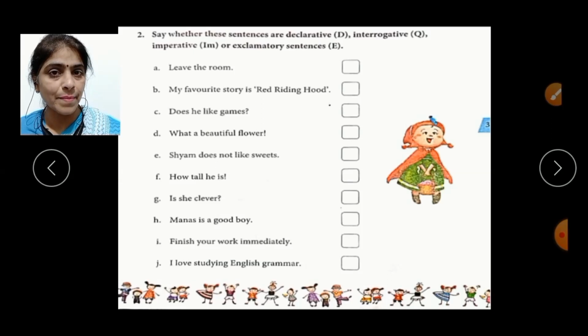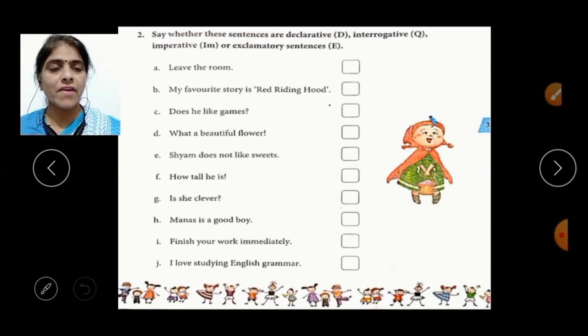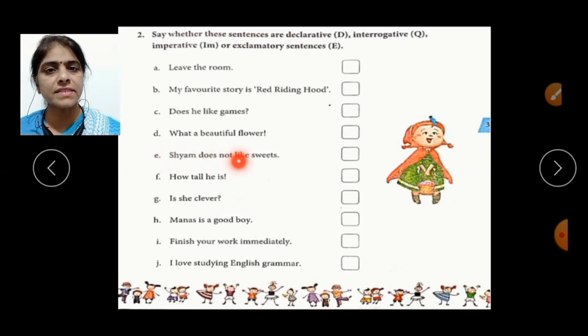So for the exclamatory sentence, what we will write? We will write E. The fifth sentence is, Shyam does not like sweets. As you can observe, this sentence is declaring something with negative meanings and it also is having a full stop at the end. So this is a declarative sentence and for declarative sentence we will write D.